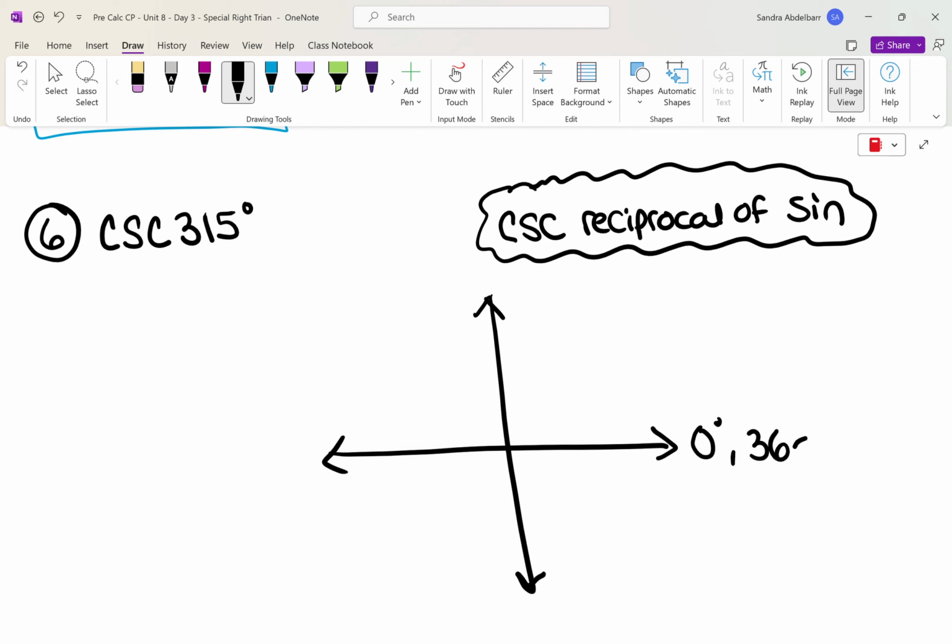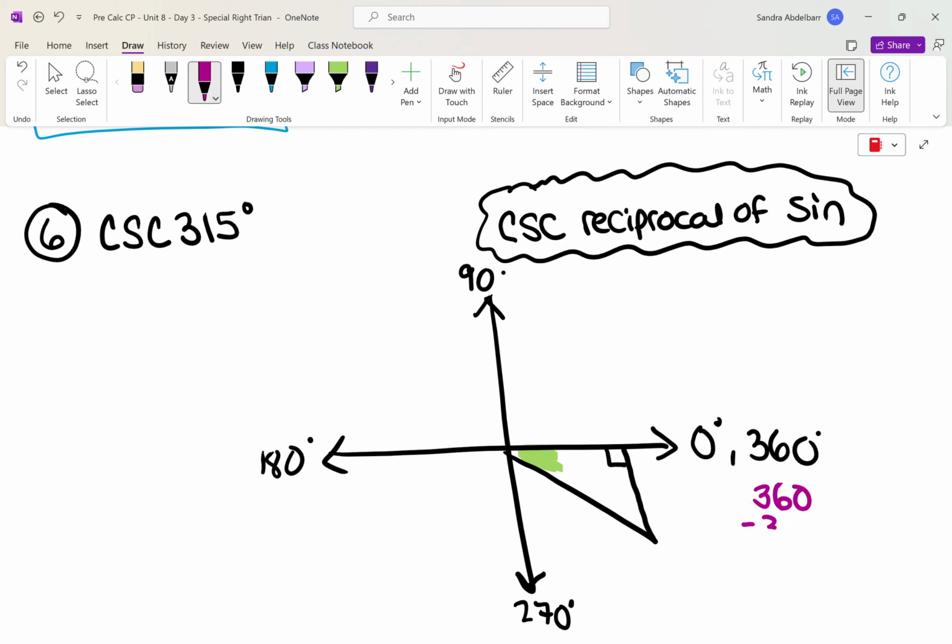So we're at 315. So we have 0, 360, 90, 180, 270. So we have finally made it into the fourth quadrant. So now we're making our triangle. And how do I get my reference angle right here? Let's highlight.